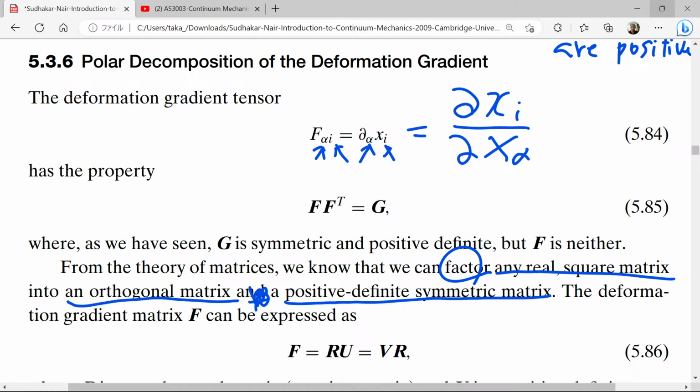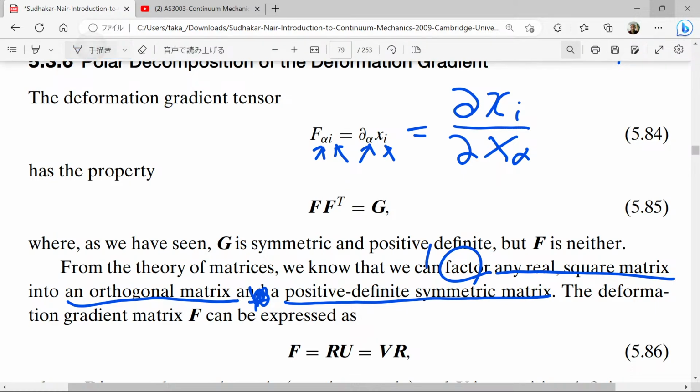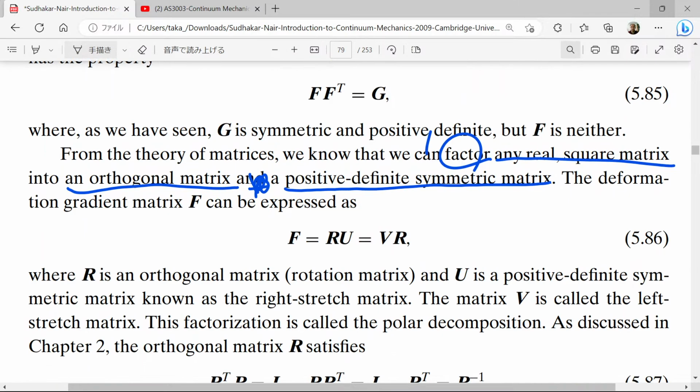The deformation gradient matrix F can be expressed as F equals an orthogonal matrix times a positive symmetric matrix. R is an orthogonal rotation matrix and U is a positive definite symmetric matrix known as the right stretch matrix.